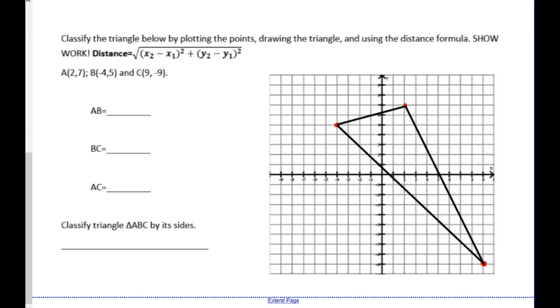So AB, the distance formula is going to equal the square root of negative 4 minus 2 squared plus 5 minus 7 squared.